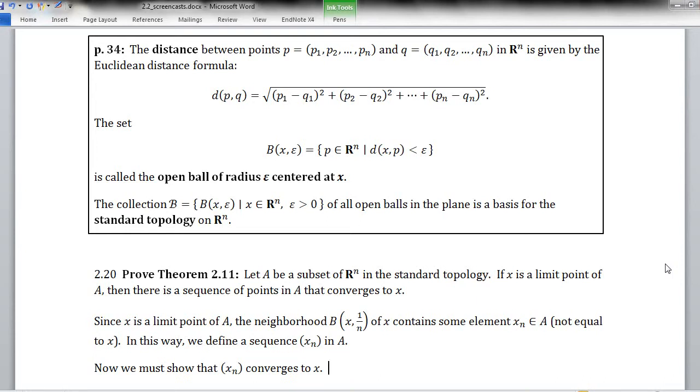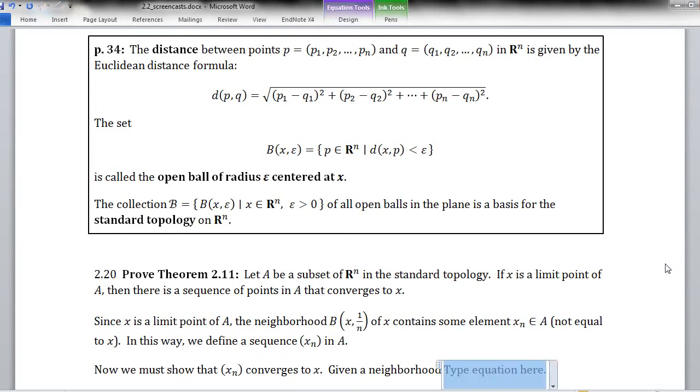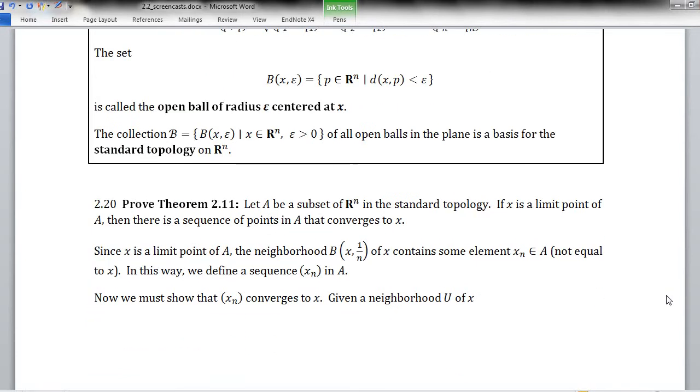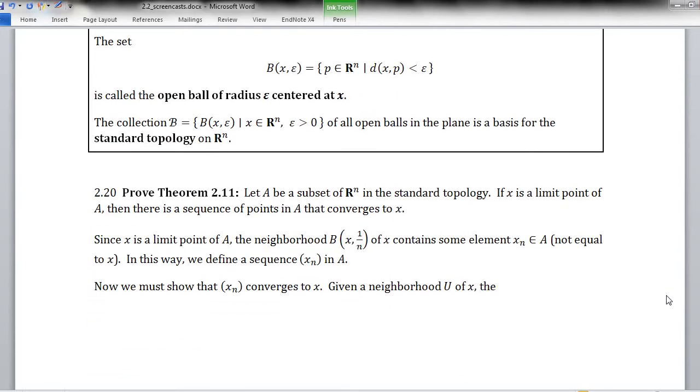Okay, so we are going to be given a neighborhood U of x. What can we say? Well, there exists some epsilon such that the ball centered at x with radius epsilon is contained in U.